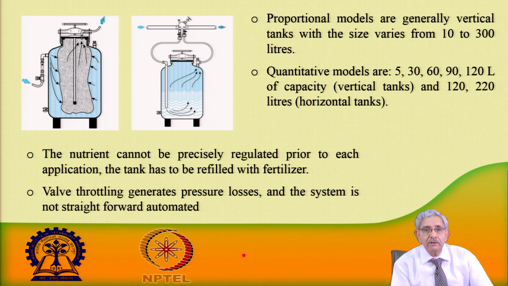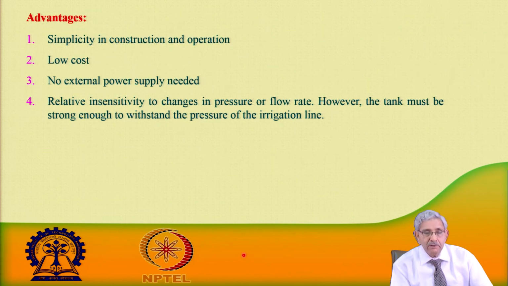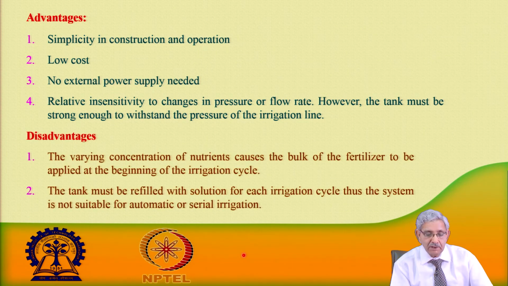It cannot be coupled with an automated irrigation system. The only advantages are that this is a simple, low-cost system, no external power is needed, and it is relatively insensitive to changes in pressure or flow rate. However, the tank must be strong enough to withstand the pressure of the irrigation line.